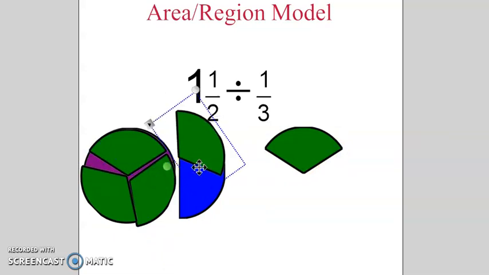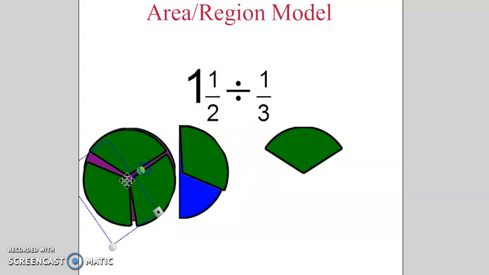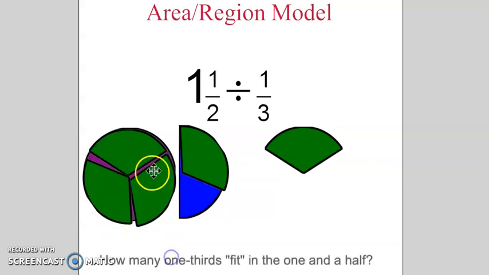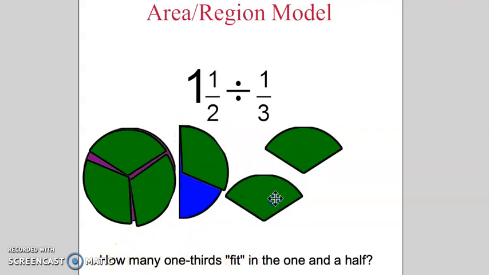So here we have 3 full 1/3 pieces fitting into our fractions. I'm going to assume that you can see how that lines up. Now we see how many 1/3s fit into this 1.5. Well, we have 3 full 1/3s in the one. How many 1/3s are in one whole? 3 1/3s are in a whole.